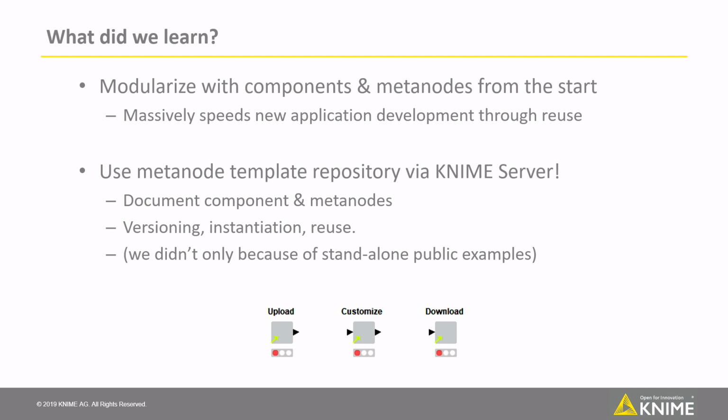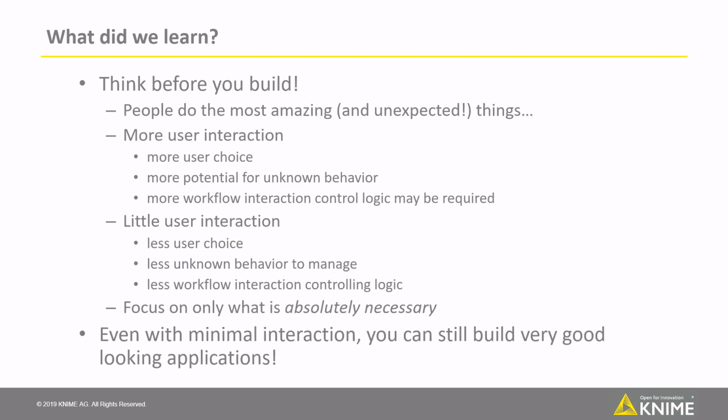Future me in 3 months is going to be really happy I did that, right? Mm-hmm. You can put the meta nodes or the components in the repository via KNIME Server, and this allows for some versioning and really easy reuse. We didn't do this in our case because we wanted to make these examples standalone on the Hub for you to be able to use, but you should definitely make use of the repository if you're going to be storing your components and meta nodes.